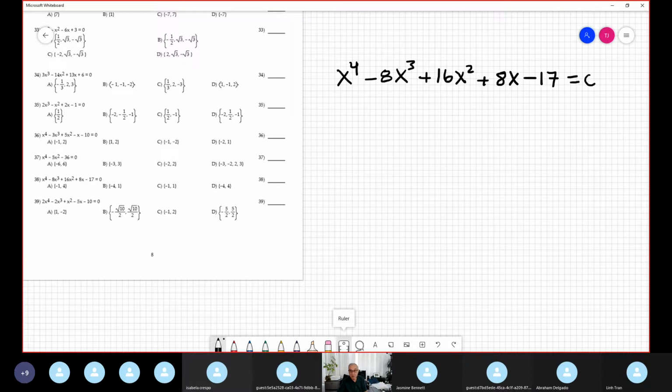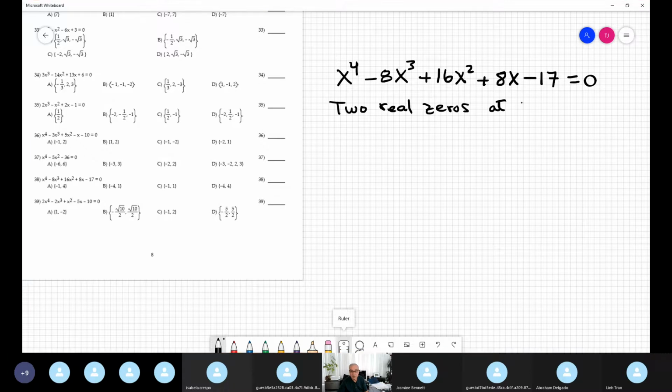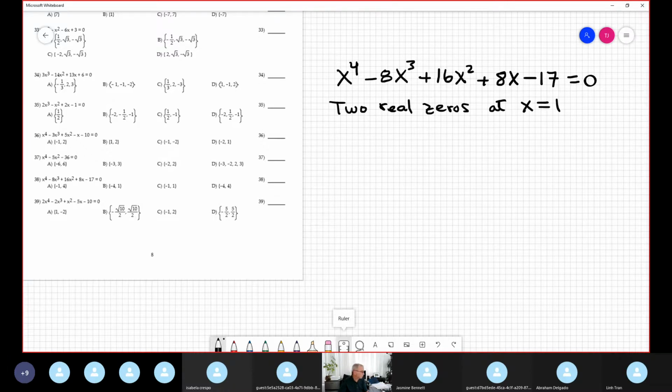It's an equation. I open Desmos for question 38 and put that in. You can see that we have two real zeros, at x equals 1 and x equals negative 1.